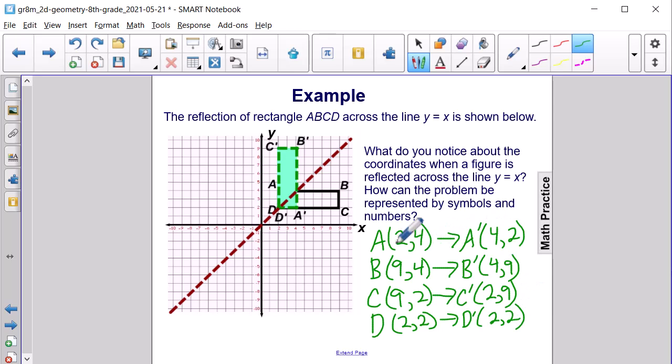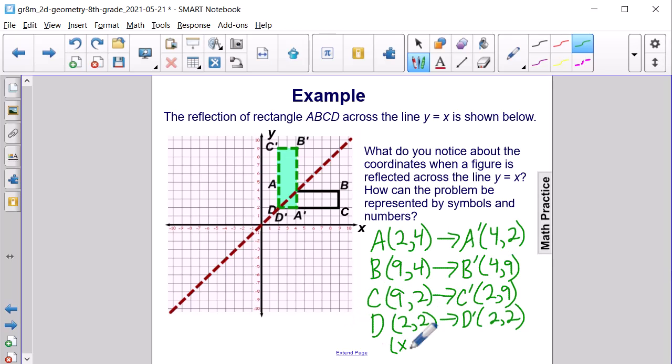So what's the relationship between 2, 4 and 4, 2? 9, 4 and 4, 9. 9, 2 and 2, 9, especially. Point D doesn't really help us as much because all of these numbers are the same. But what happened here?